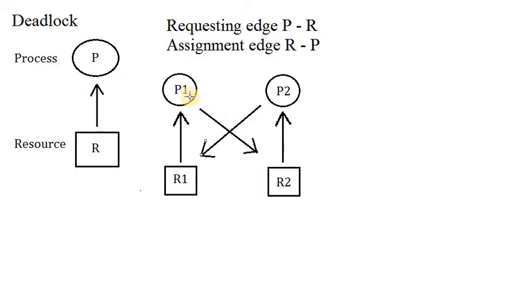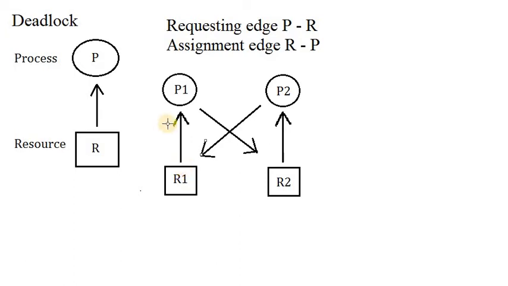So one process is holding one resource but requesting another resource that is held by another process. Here one process is waiting for another process. This is called a deadlock situation.